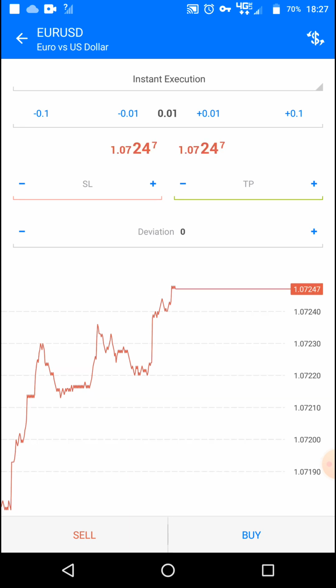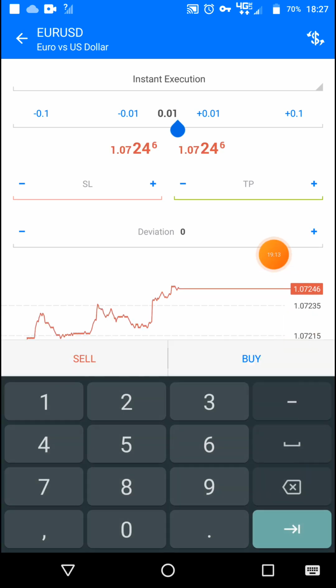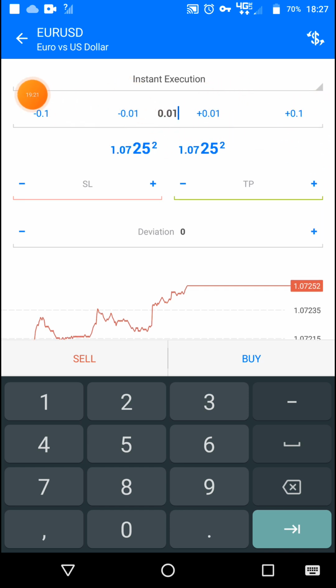In the PDF, it's very simple. So here is where you set your lot size. Okay, this one is an addition, this is subtraction. So when you click plus 0.1, it will just add 0.1. If you click minus 0.1, it will deduct 0.1. You can set it yourself manually.